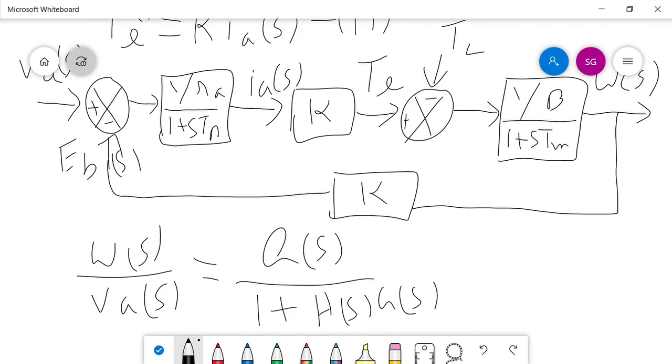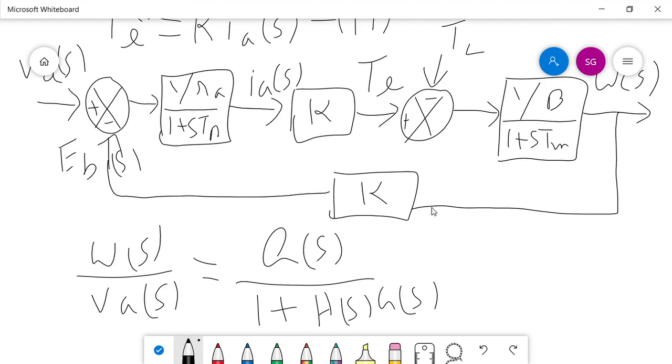So this is a typical control equation in which GS is the open loop gain. When there is no feedback, then this is GS. So our GS is this thing, and our HS is this thing.